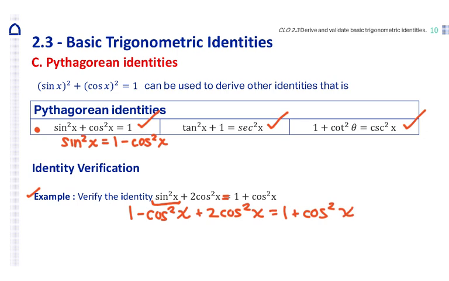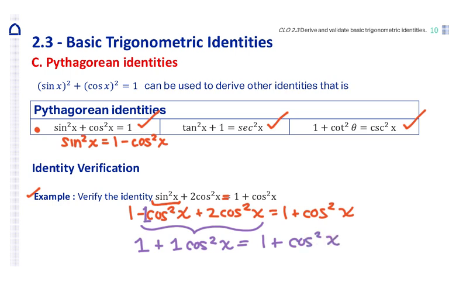And just notice, this is minus 1 cosine squared x plus 2 cosine squared x. So this simplifies, it's like minus 1 apple plus 2 apples. You just get plus 1 cosine squared x equals 1 plus cosine squared x. I think we can see that both sides are exactly the same, and therefore, 1 cosine squared x is 1 cosine squared x, and therefore we have just verified this identity.